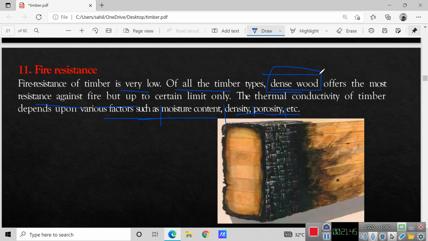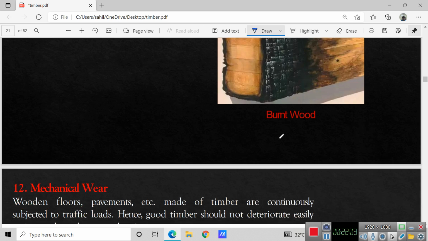Means in dense wood the medullary rays are compact and the annual rings are also very close to each other, which gives greater strength. And these are the secondary factors which affect fire resistance.